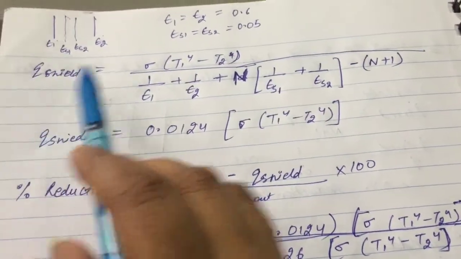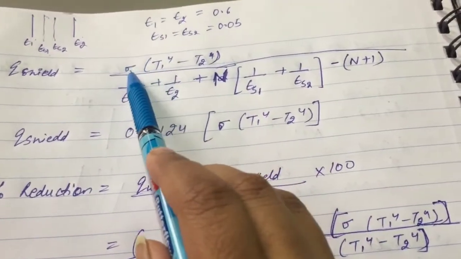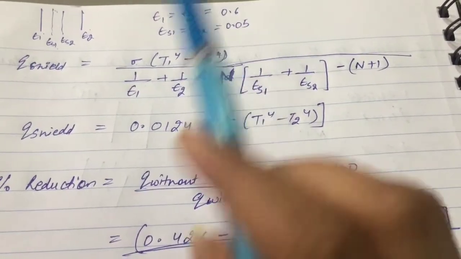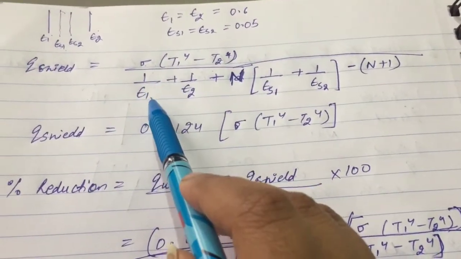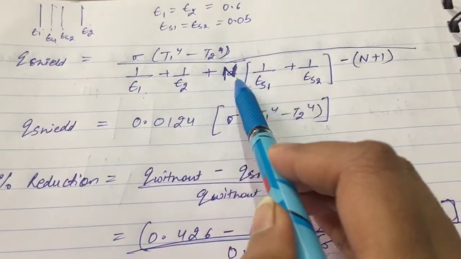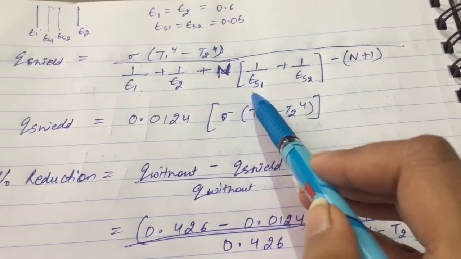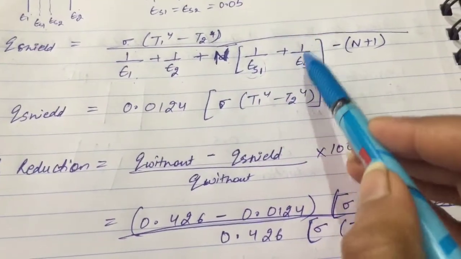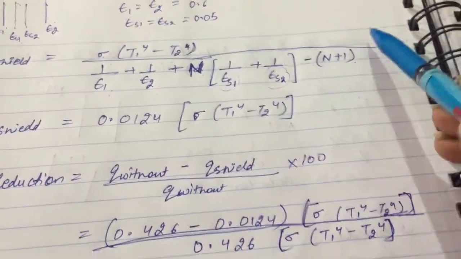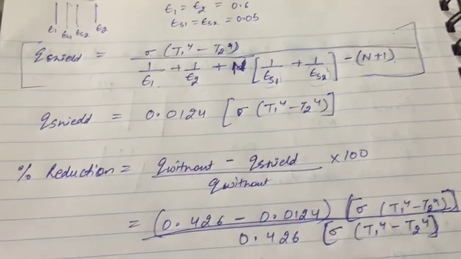So we know that the formula for Q with shield is delta E, which is sigma into T1 to the power 4 minus T2 to the power 4, upon 1 by epsilon 1 plus 1 by epsilon 2, plus n, the number of shields, into 1 by epsilon of sheet 1 plus 1 by epsilon of sheet 2 minus 1, all minus (n plus 1). This is the formula for Q with shield.